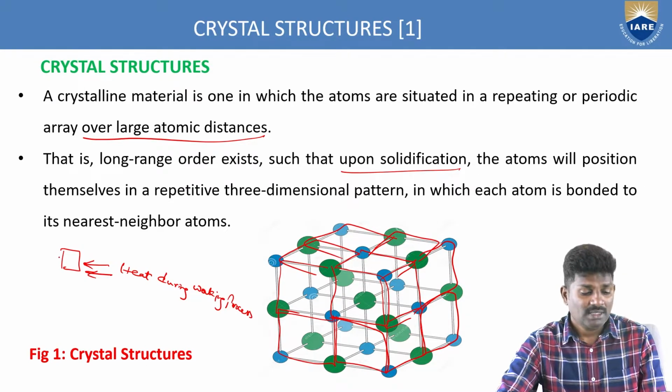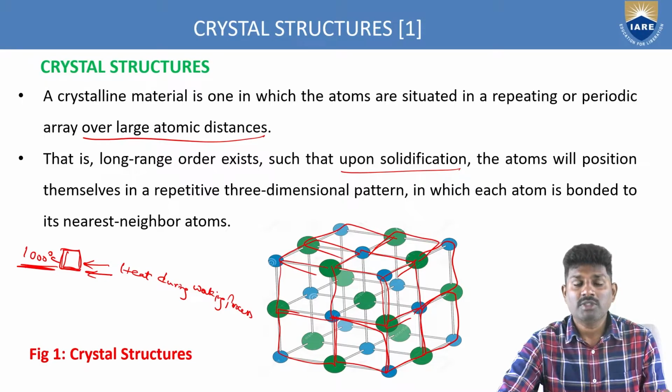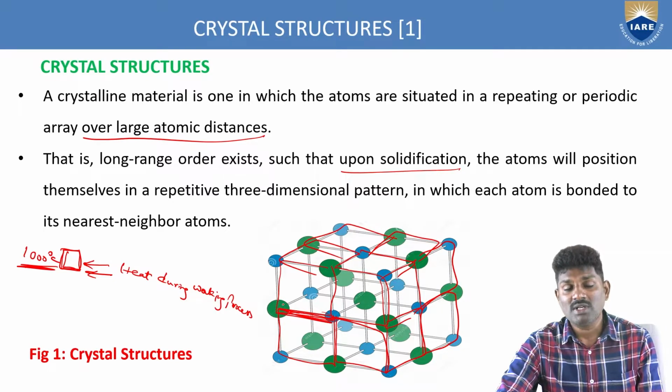So this material has to withstand about 1000 degrees centigrade. How can I tell that this metal will withstand up to 1000 degrees centigrade? Based upon the crystal structure, what is the distance between the two atoms arranged in the atomic structure. Why?